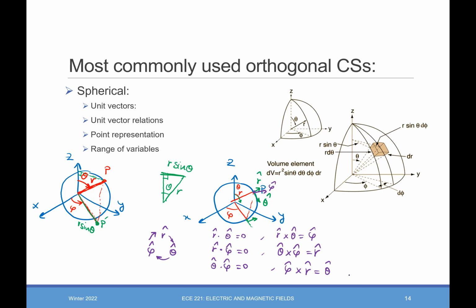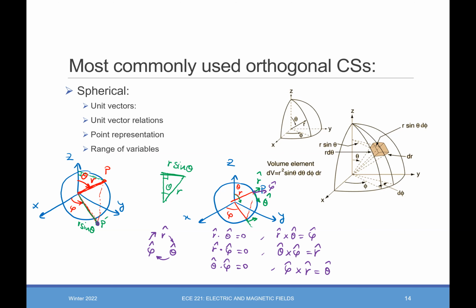Remember, phi is defined in the XY plane, and it is the angle that connects the x-axis to the line that goes from the center to the projection of point P. Any unit vector has to be in the direction that increases that variable by a small amount.